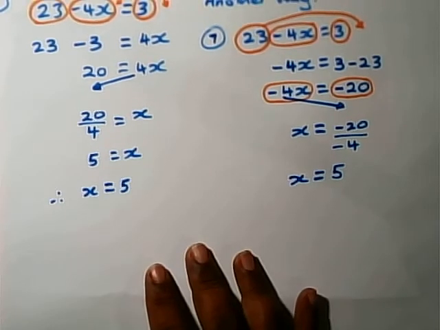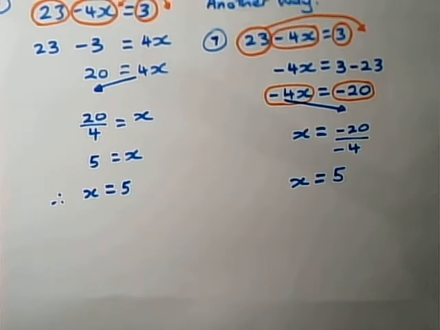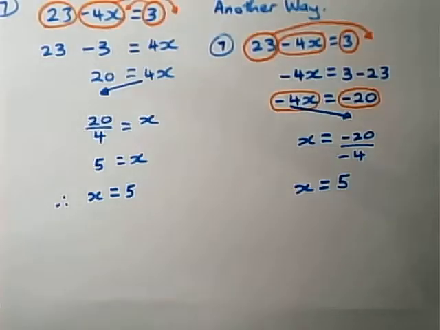You end up with the same answer. And you actually use fewer lines too. Both ways are correct. I don't think there's one way better than the other. You just have two ways to get the answer. You choose which way you like.